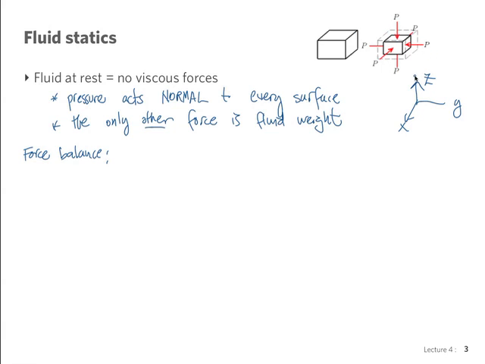The weight only acts in the z direction in my axes, so that means that in directions x and y there can be no changes in pressure because pressure has to balance out, right? So we can see that dp/dx is equal to 0 and dp/dy is equal to 0.